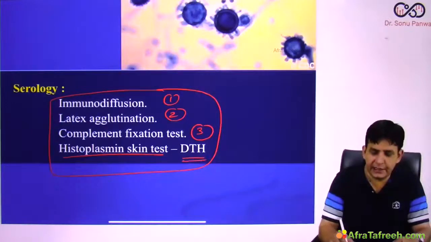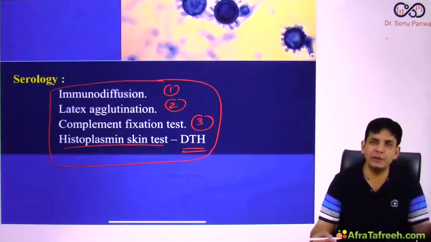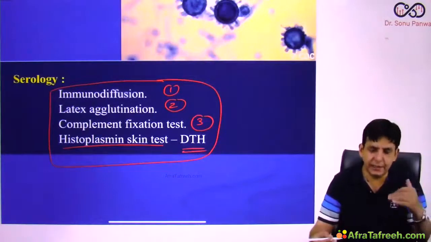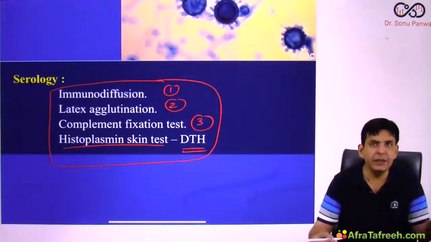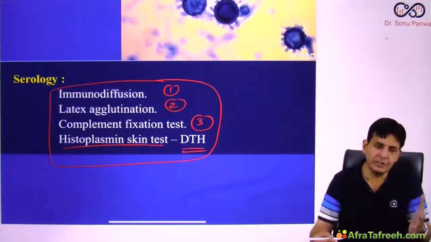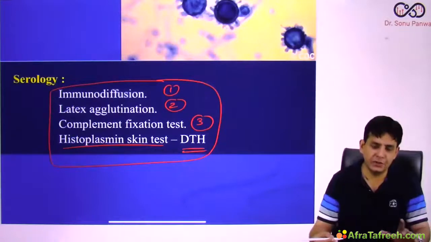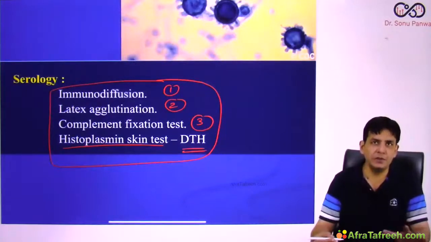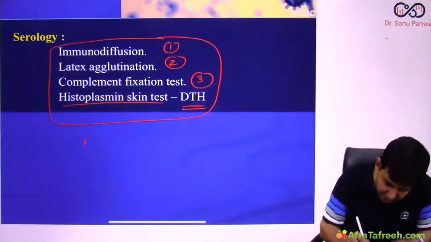That is a delayed type of hypersensitivity. Okay, so these all look like the tuberculin test and lepromin test, and they all are delayed type hypersensitivity. Immunodiffusion is a type of precipitation reaction. Then you can do agglutination also, that is termed as latex agglutination, and you have the complement fixation test also for this particular histoplasmosis.